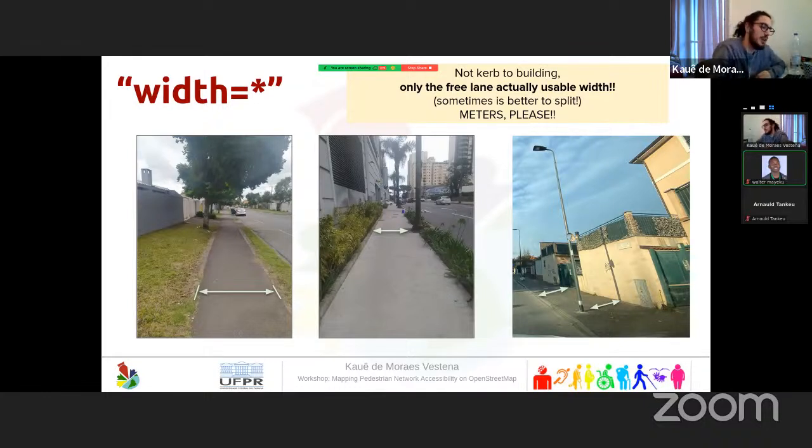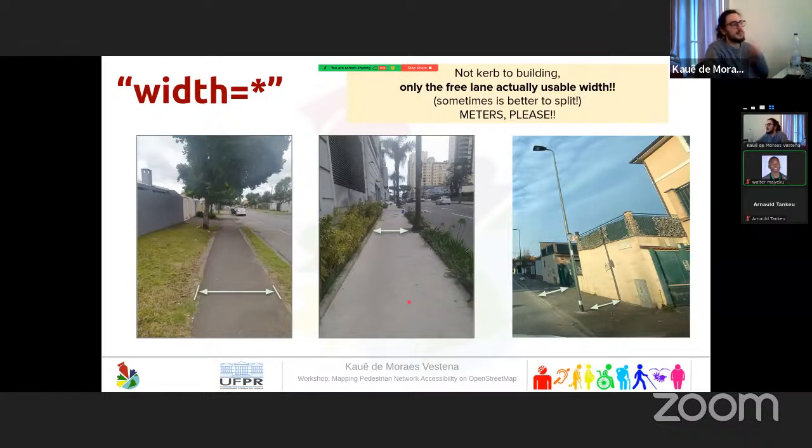And yes, sometimes you have to split, like pick a node like here, and this part got this width, and this until here got this width, and from here to there also this width.